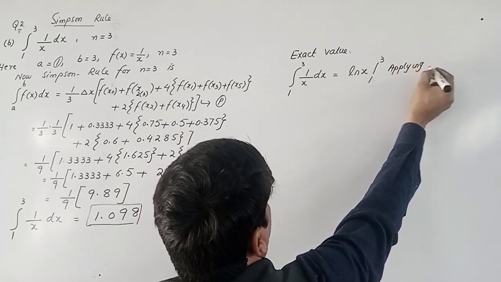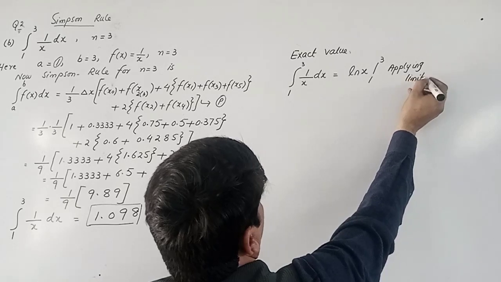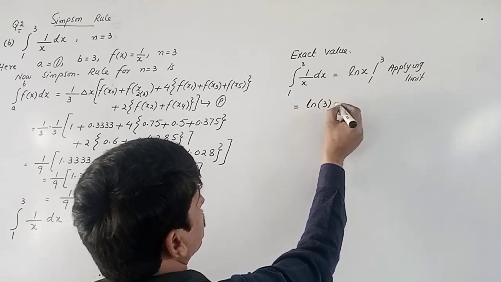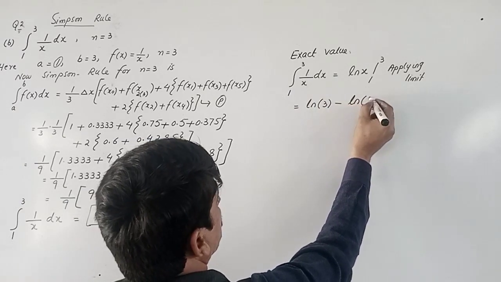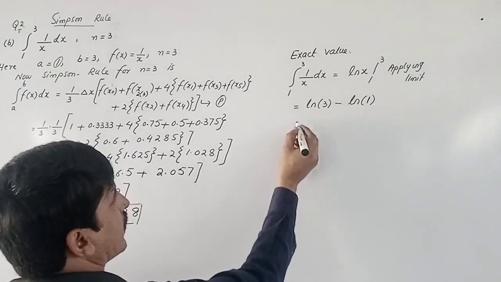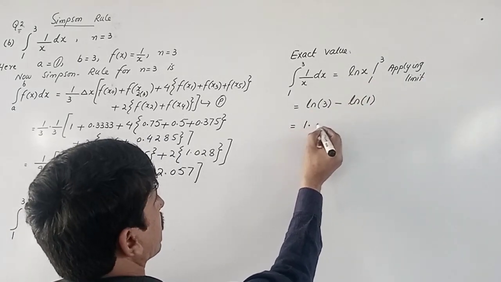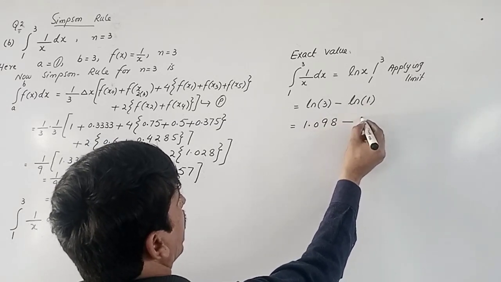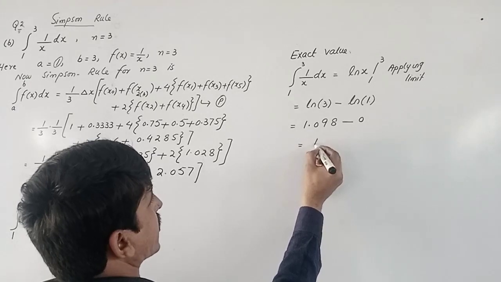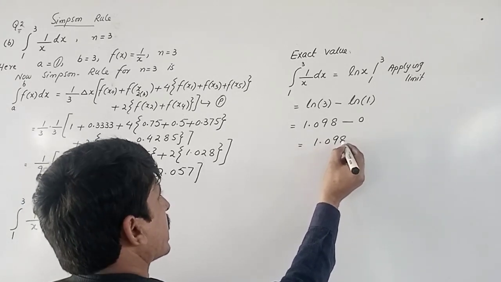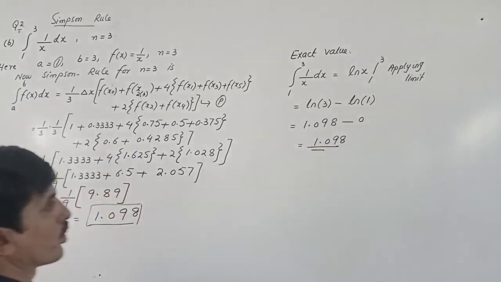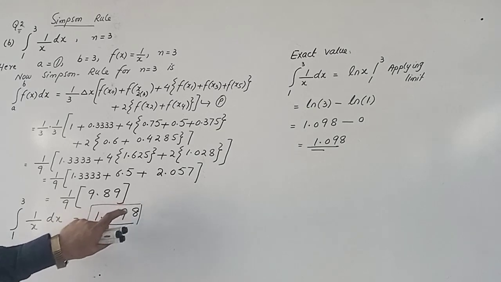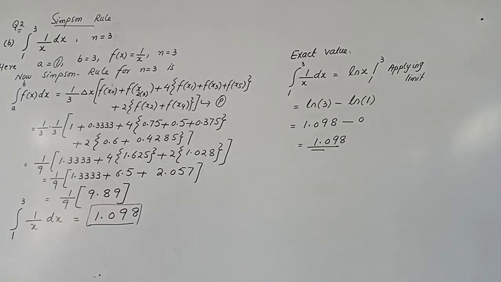Applying the limits, we get log of x at the upper limit minus log of x at the lower limit. Log of 3 is equal to 1.098 minus log of 1, which is 0. So the exact value of this definite integral is also equal to 1.098, which is the approximate value by Simpson's rule.